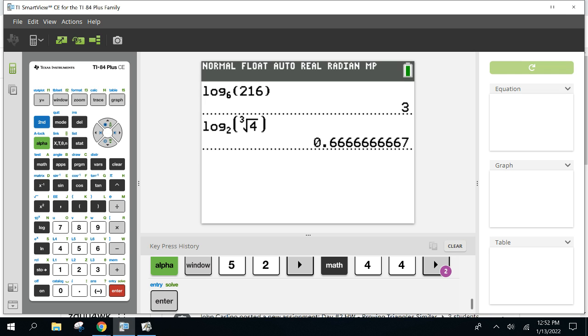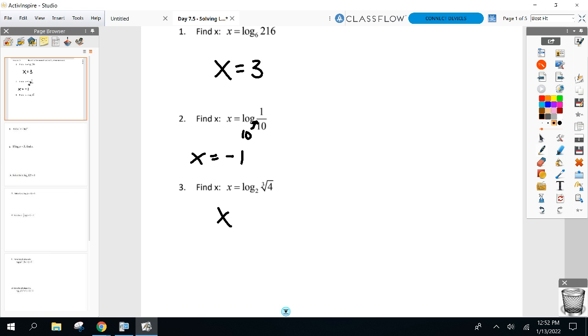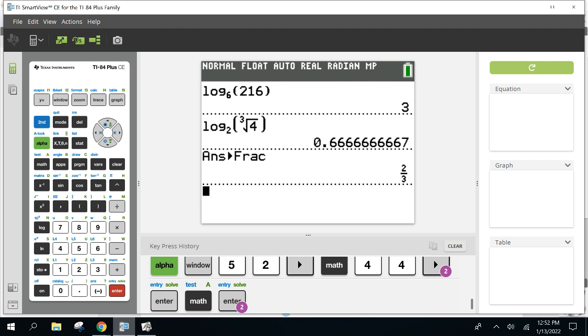Oh, we don't want to write that. Tell me another button. Math. Fraction. Look at that. Learning so much about your calculator. 2/3. Alpha window. Type in your base of 2. Inside the parenthesis, cube root, which is under math. Got it? And then you type in 4.